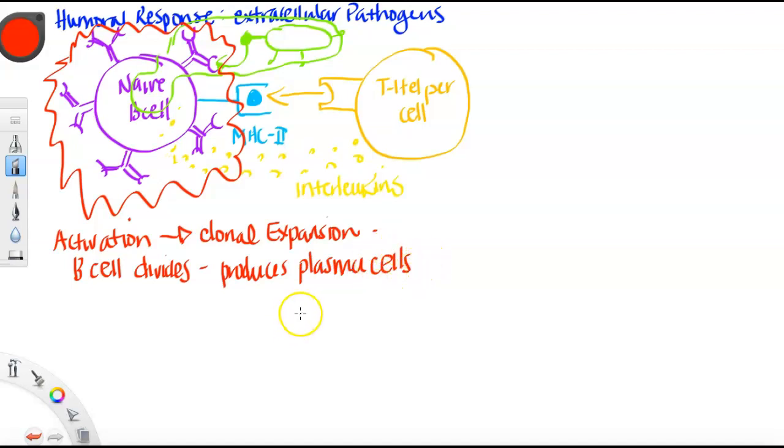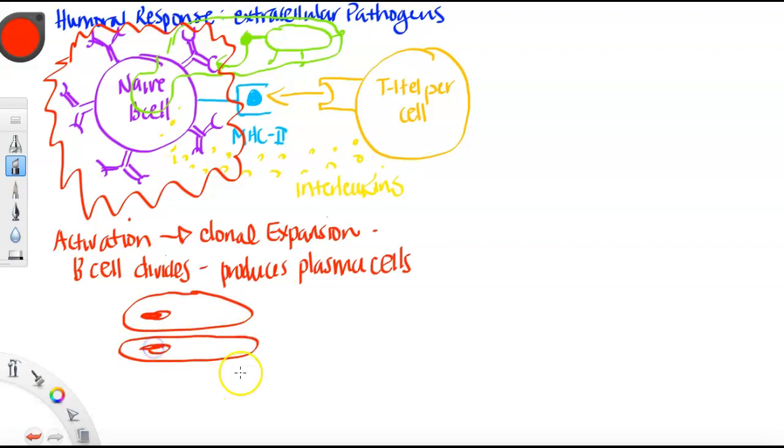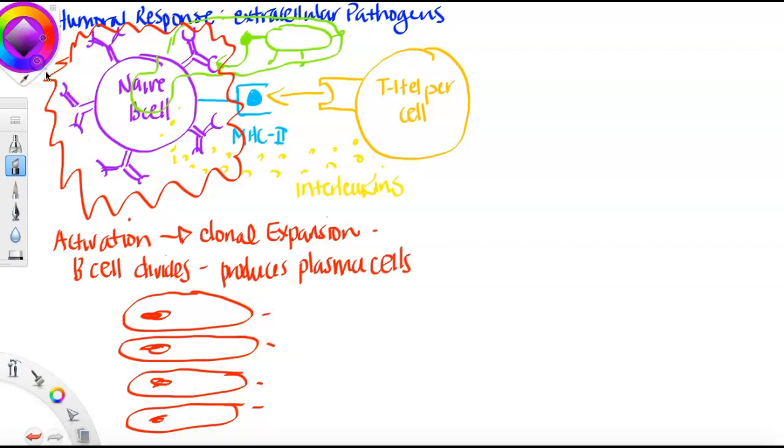So plasma cells are these cells kind of like that, and they are antibody makers. So they make antibodies.